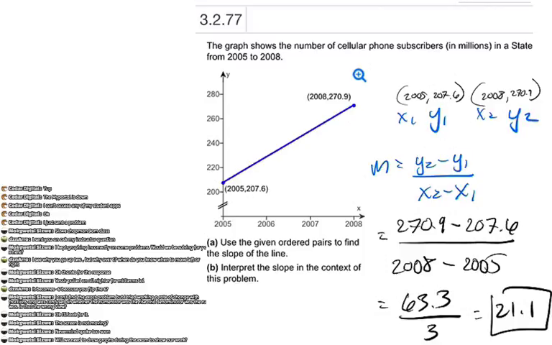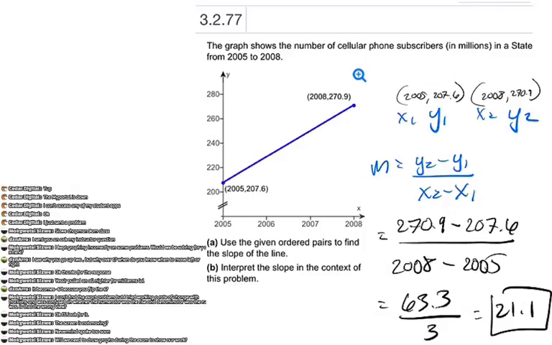That's just my thinking. I want to just check it in the original. Now our claim is that the slope is 21.1. So I'll do 21.1. Enter. Well done. And then it's either A or B. It says the number of subscribers decreased, or the number of subscribers increased on average. I'm going to go with the increased version, on average, 21.1.